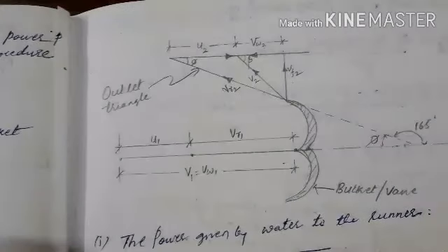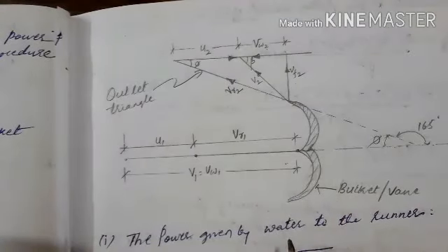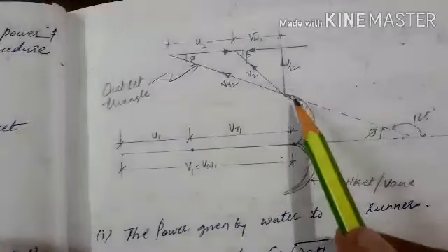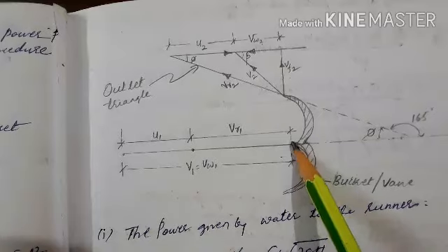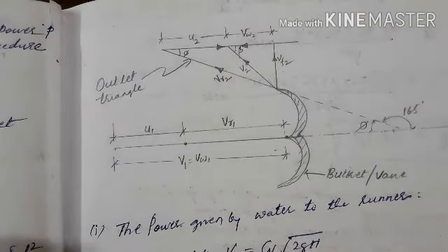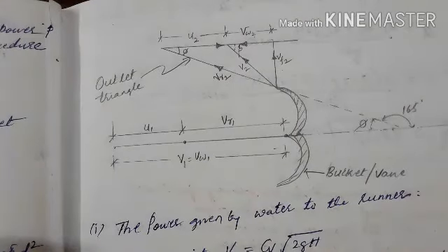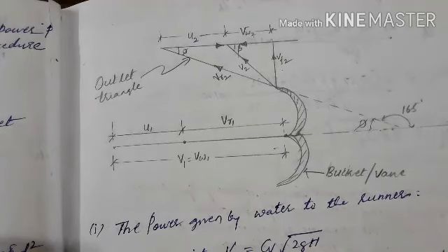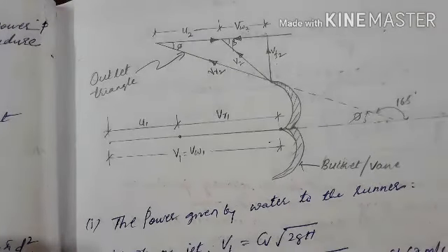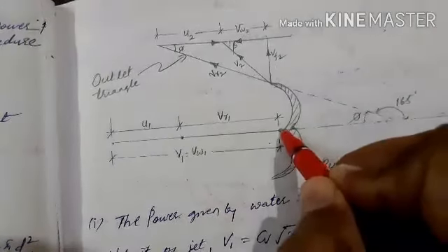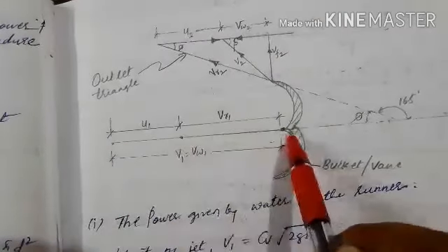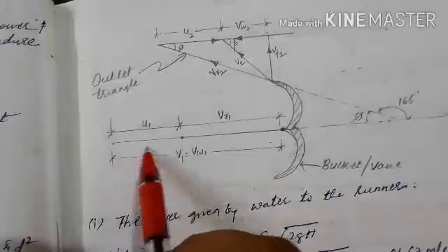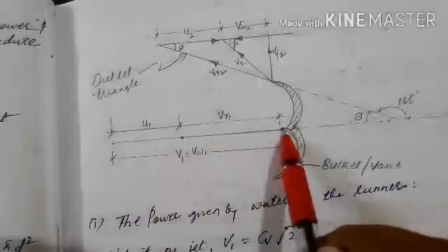With this, next, this is the velocity triangle you have to draw first. This is the cross section of the blade. The blade will be like this, and this is the splitter. The water is coming and hitting this splitter, and the inlet velocity triangle will be a straight line.